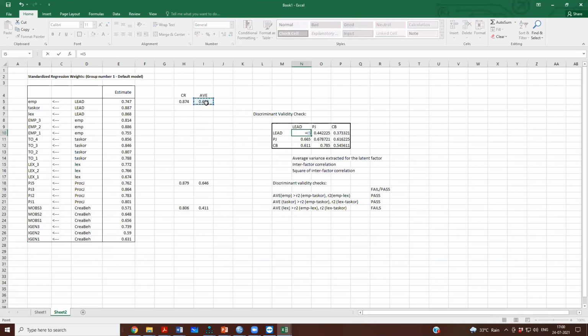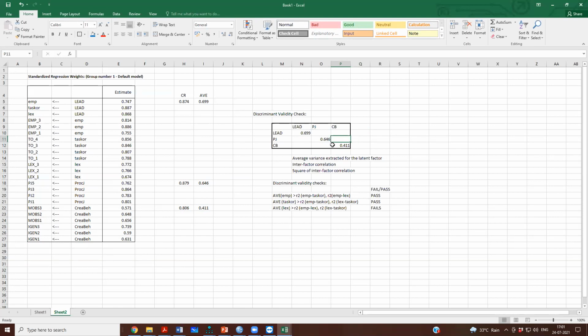What is the AVE for lead? It is 0.699. What is the AVE for PJ? It is 0.646. And what is the AVE for creative behavior? It is this. I will delete all of this. Right? So this is our AVE.